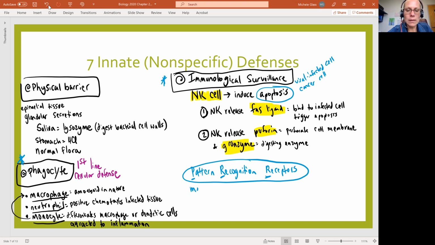What we're seeing is that there is a membrane-bound receptor that's going to recognize characteristics of pathogens or stressed and damaged cells.